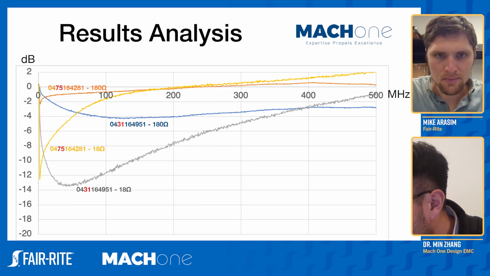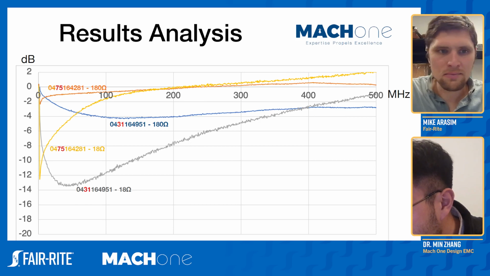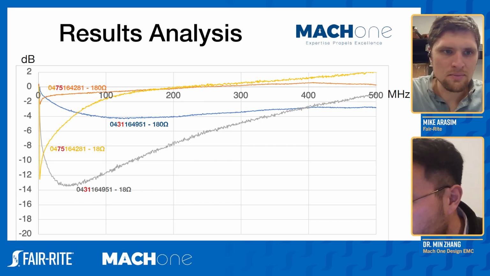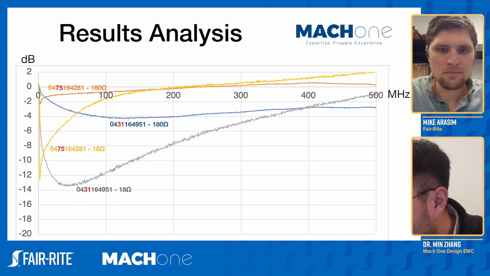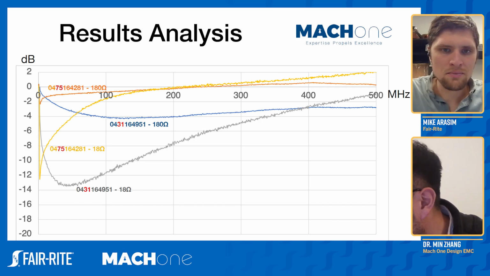If we compare these two curves, both 31 material, one in the lower impedance and one in the higher impedance, at higher frequency we can see that for the higher impedance circuit, the insertion loss is actually higher than the low impedance circuit, right? So this is where they cross, and then the higher impedance path actually shows better performance compared to the lower impedance path.